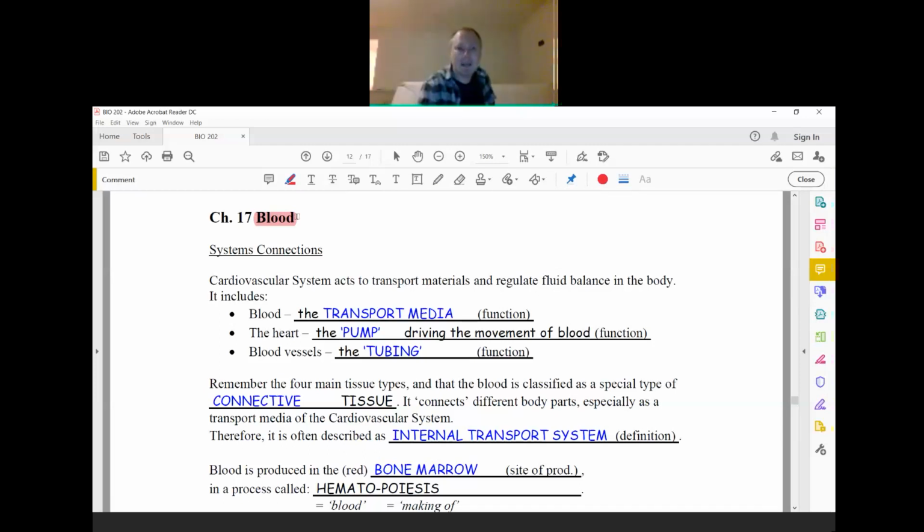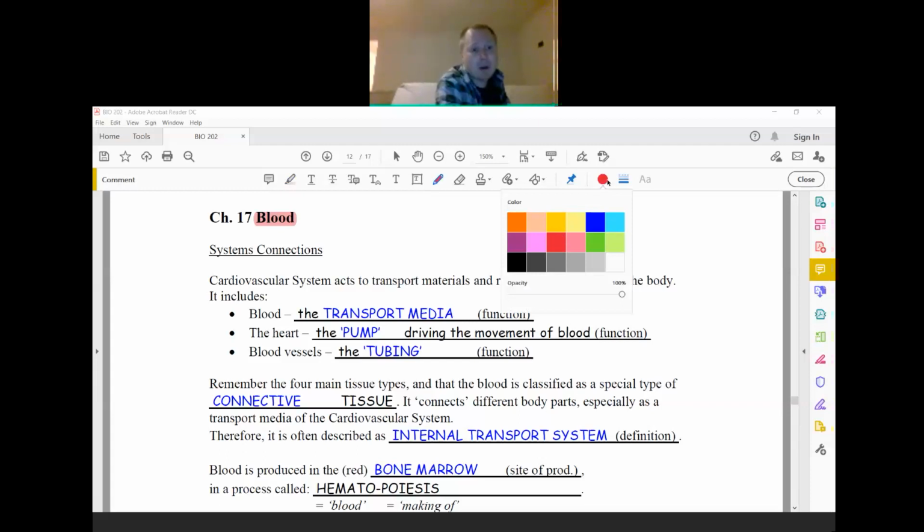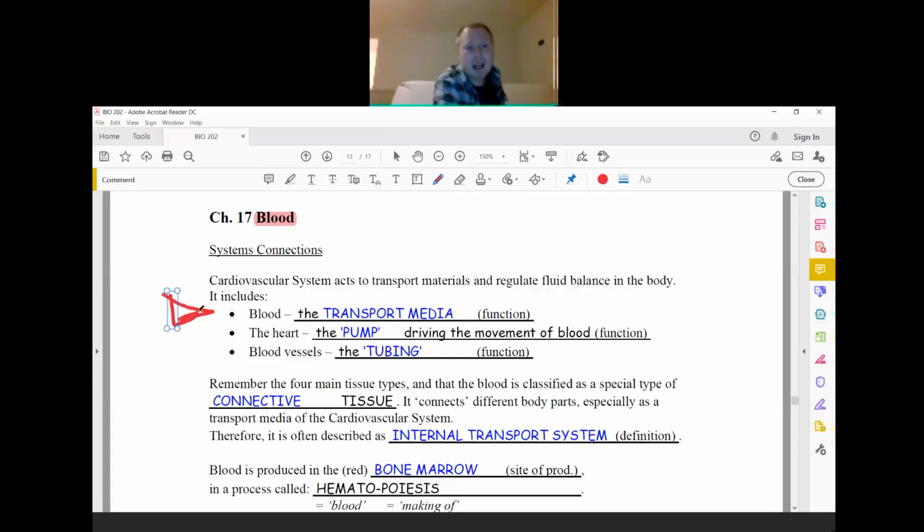So again, just to put this chapter into a greater context, what are we going to be talking about in this course? This chapter is going to be all about the blood, which is really the transport media within the cardiovascular system.